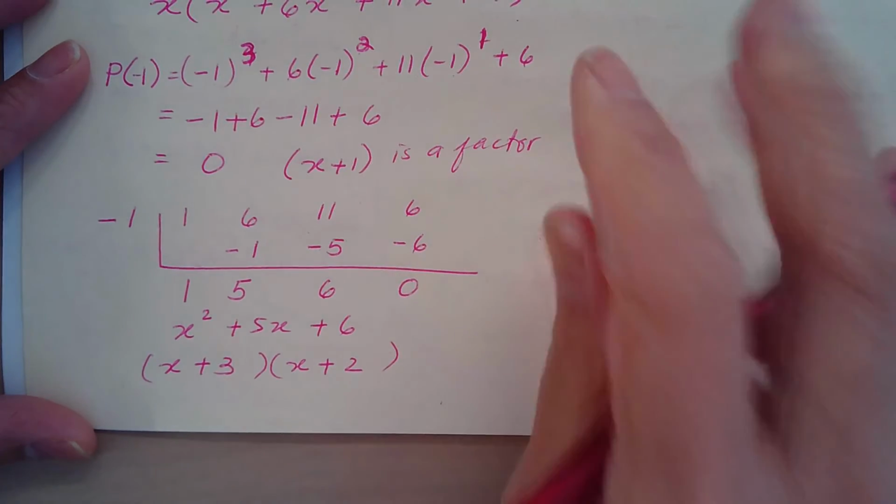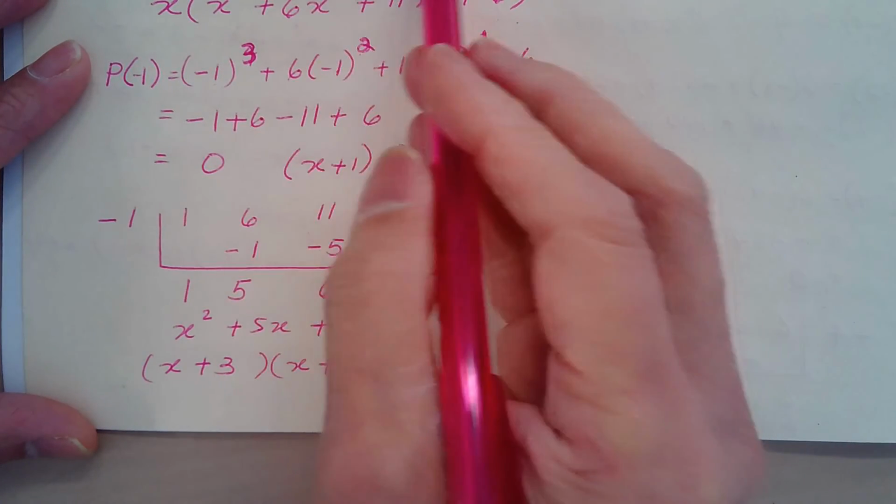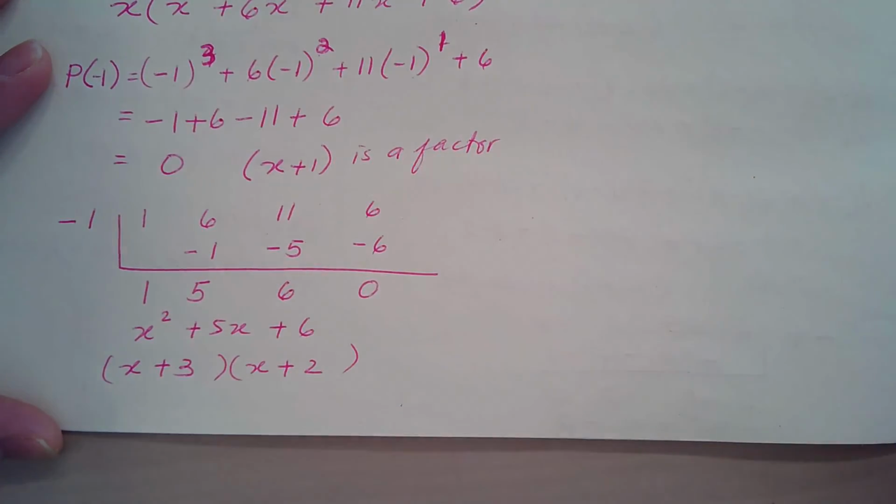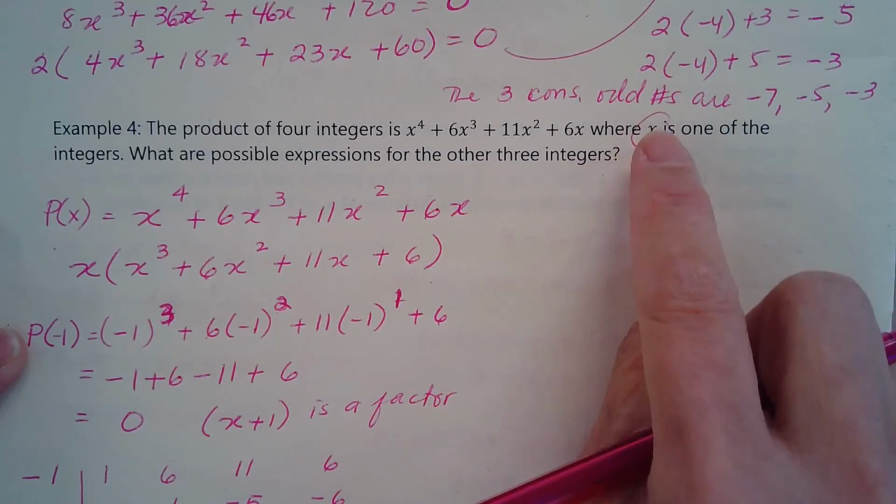So the question is, what are the possible expressions for the other integers? We already know x is one of the factors.